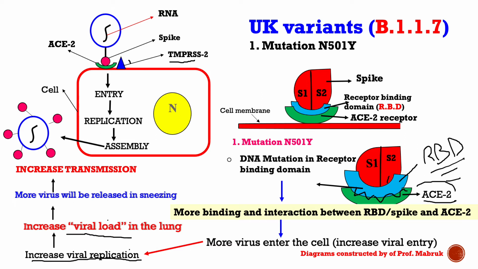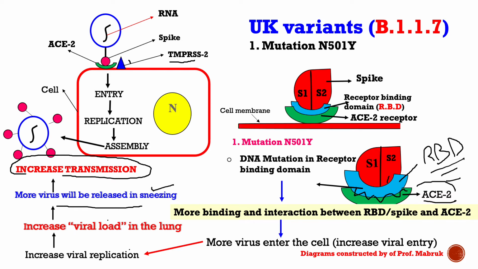Then with the increase in viral load, more virus will be in the droplets during the sneezing process, so the transmission of the coronavirus will be increased. So it's very interesting. This is the first mutation detected in the UK variant of the coronavirus COVID-19, which we call the N501Y mutation.